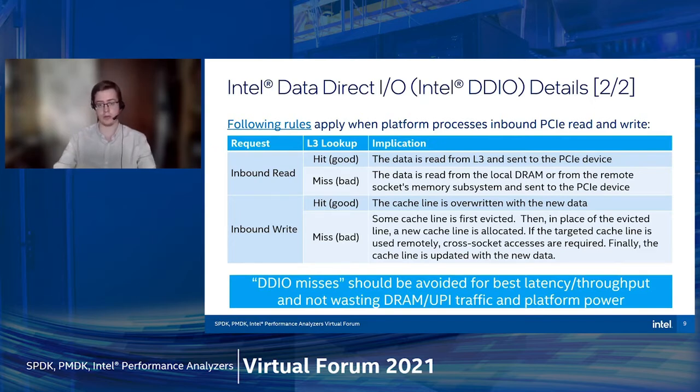I will show how to do that, and just be aware that misses induce DRAM traffic and UPI traffic, and eventually it also wastes platform power. So if you look not only at the throughput but also at latency and DRAM and UPI traffic, it is better to have as many hits as possible.